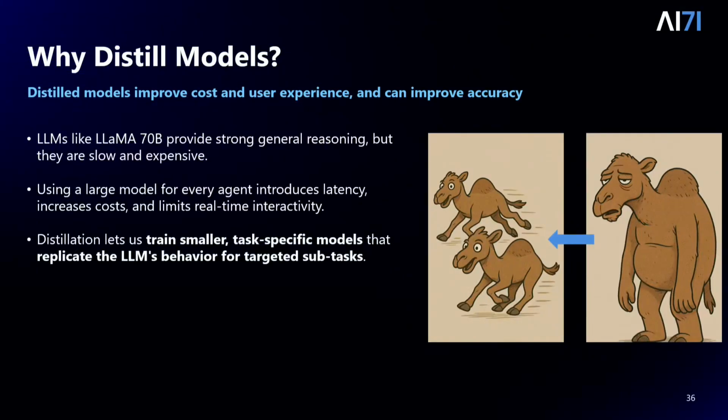So, the title of this talk was about distilling. So why do we need to distill models? One of the main issues with LLMs is pricing and latency and throughput. While large LLMs are magnificent, they can do amazing things and they can do it very accurately, they are very slow and they cost a lot of money and computation.